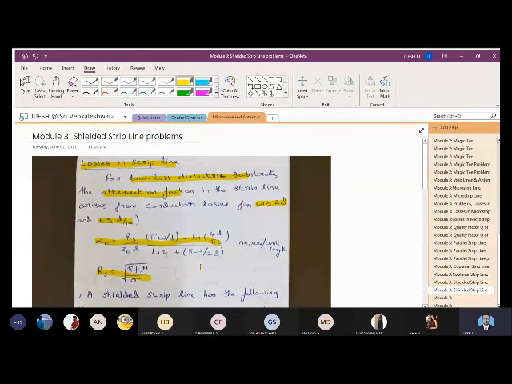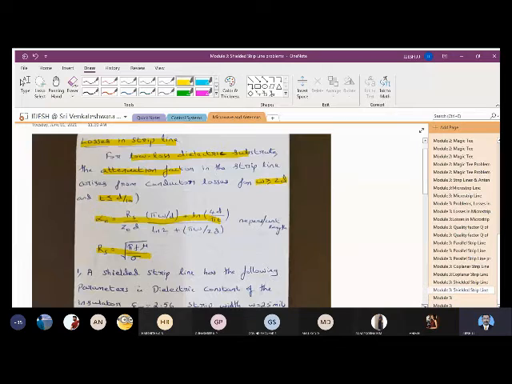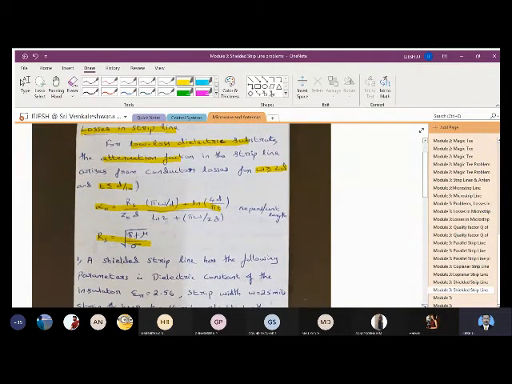Now we will be finding the characteristic impedance of a strip line by solving a few problems. You can complete it and then note down this first problem. Here two equations are there: the attenuation factor and RS, the resistance.